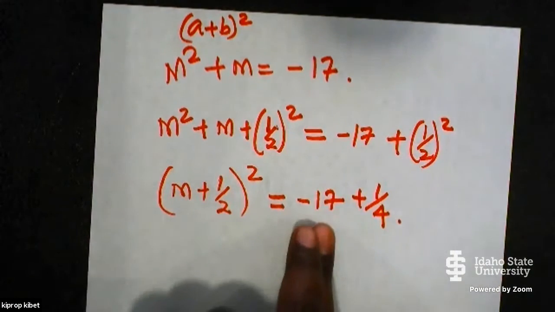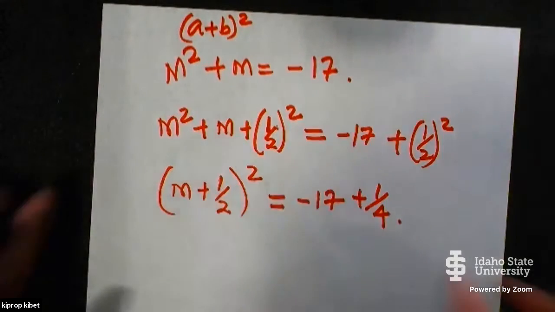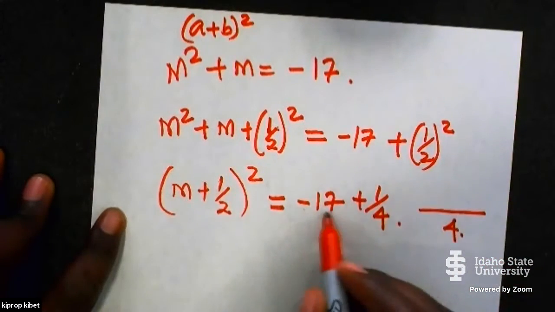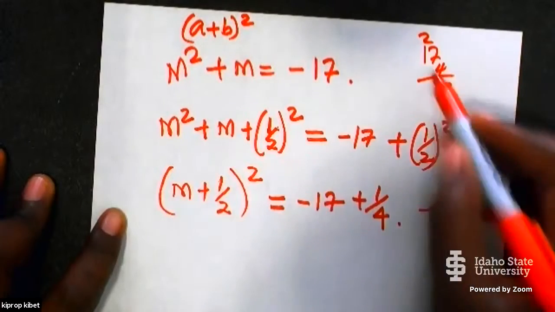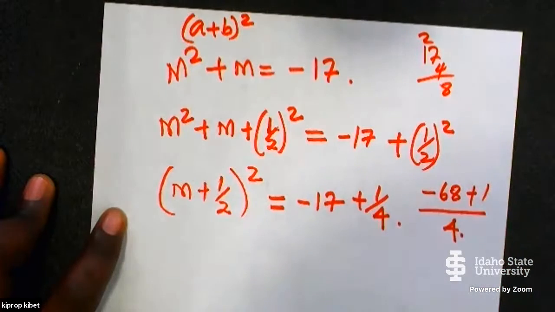So minus 17 plus 1 over 4 is what? If you put here 4, 17 times 4 is minus 68 plus 1.